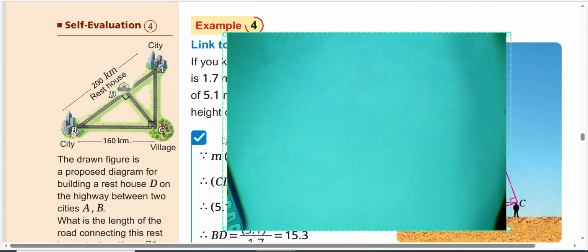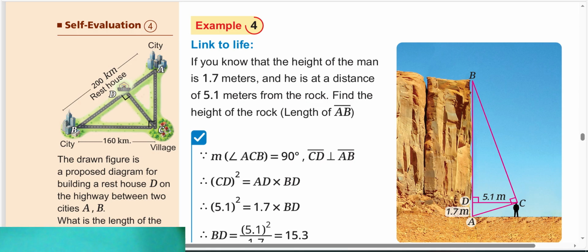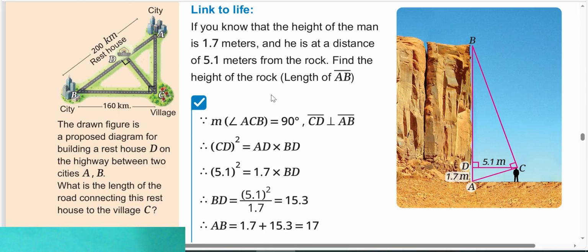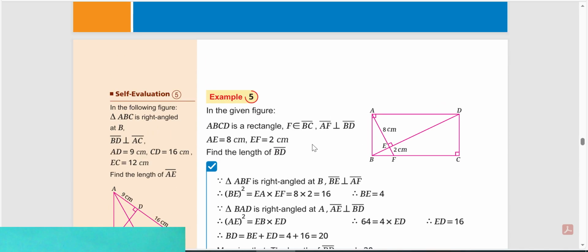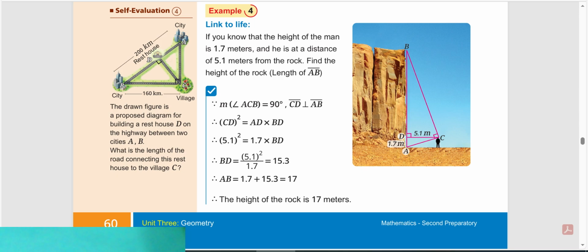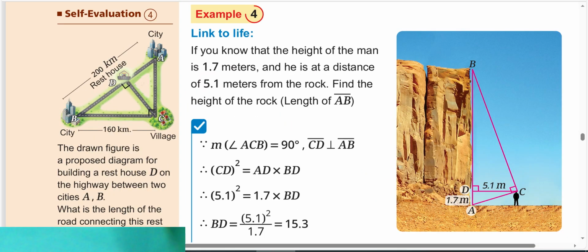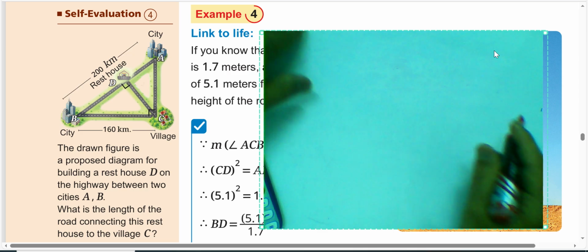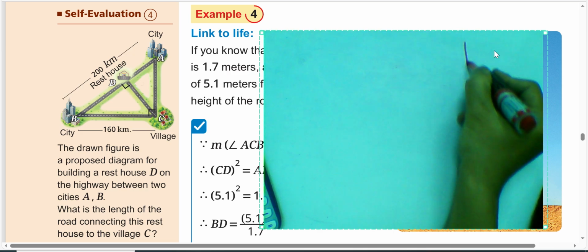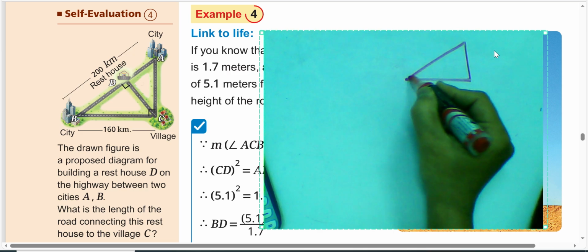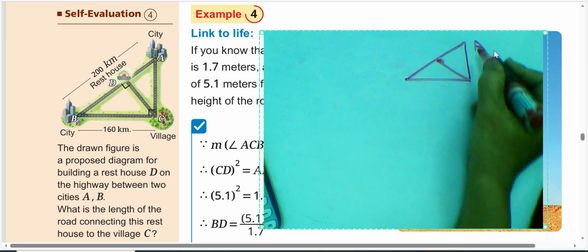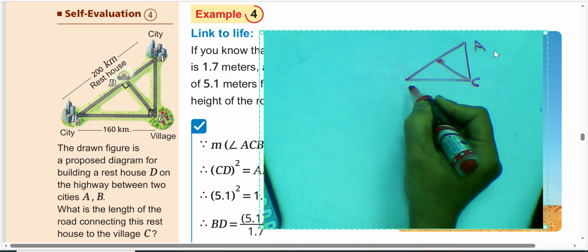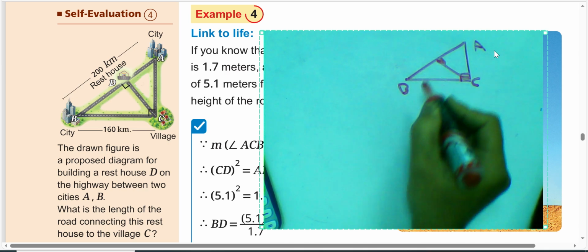In self-evaluation number 4, you must read the question first. Okay, this question, and look at the steps. I will solve self-evaluation number 4 with you. Look at here. Question number 4, we have a right angle triangle, and a line segment here perpendicular. We have A and C and here B. This is perpendicular and here perpendicular.